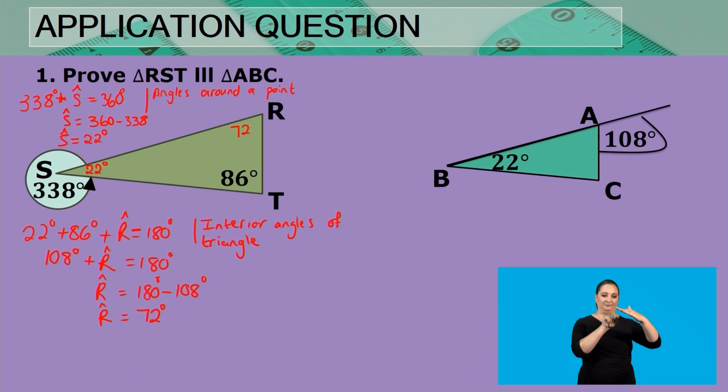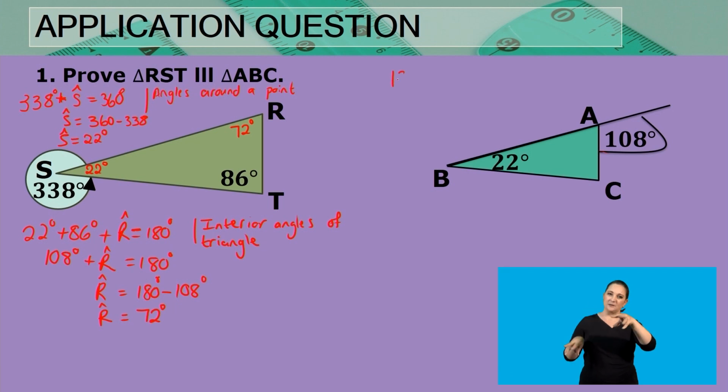And now using the additive inverse of 108 degrees, our answer is going to be 72 degrees, and that is angle R. Now looking over to this second triangle, we can see that we have been given 22 degrees, and we've been given an exterior angle of 108 degrees. Now what do we know about an exterior angle? We know that the exterior angle is equal to the sum of the two opposite interior angles.